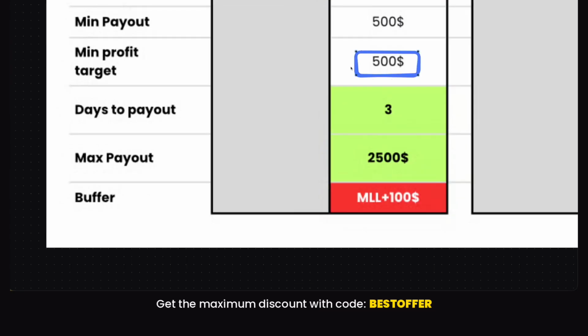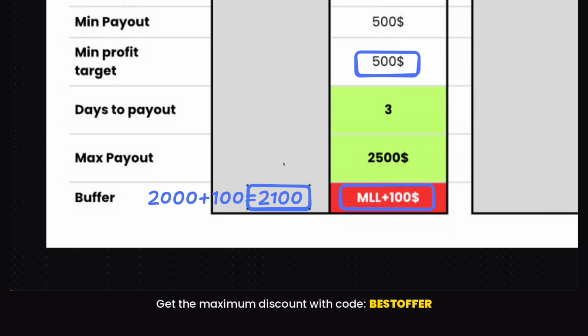Yes, the minimum profit target is $500, but you need to always keep a buffer here. So that means you cannot go below the buffer with your payout. That means to ask your minimum payout of $500, you need to make at least your maximum loss limit, so 2,000 plus 100, and you cannot go below this buffer, below this safety net.